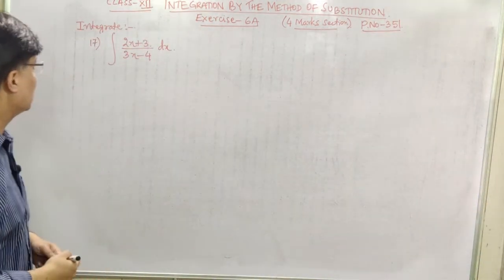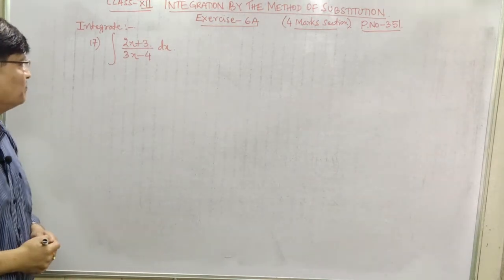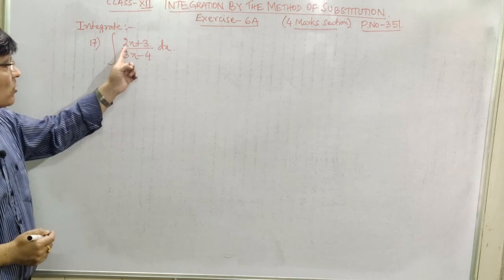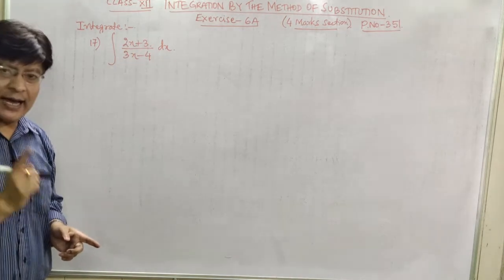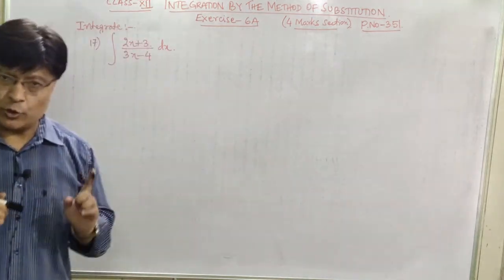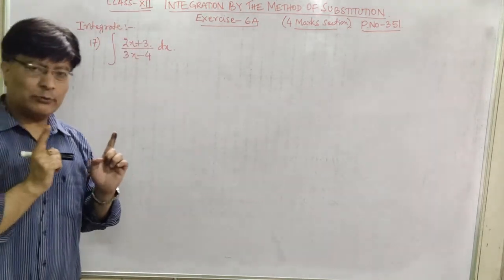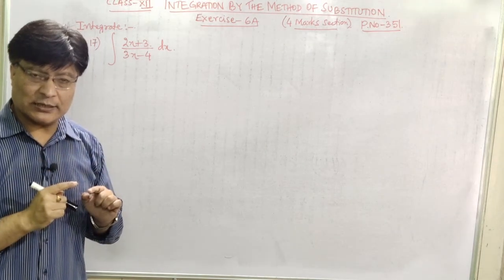Now we'll do that question number 17. So this is same as question number 16. So here also the power of x is 1 in both the numerator and the denominator. That is, the highest power of x in both the numerator and the denominator are same. So what is the method here? You have to write down the expression which is given in the denominator.